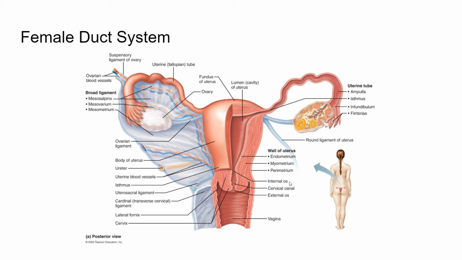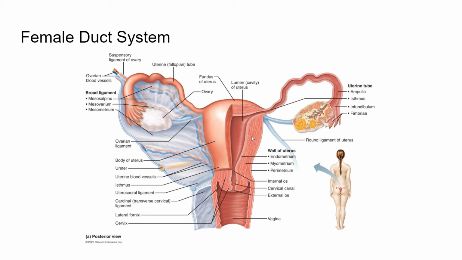The uterine wall has three layers to it. There is the outermost layer, which is part of that visceral peritoneum. We talked about that in the digestive system. Then there is the myometrium, which is all smooth muscle, because you can't control the contraction of your uterus.